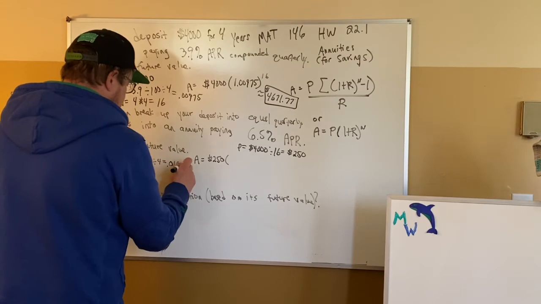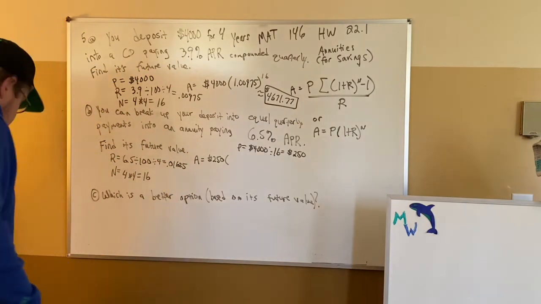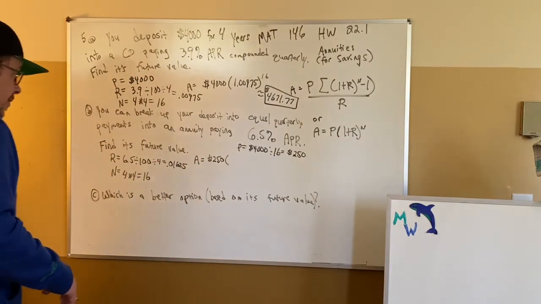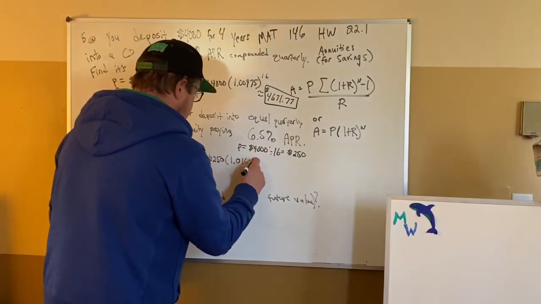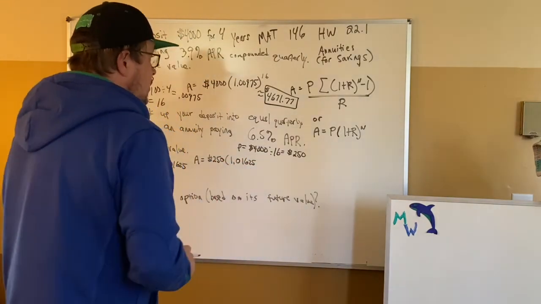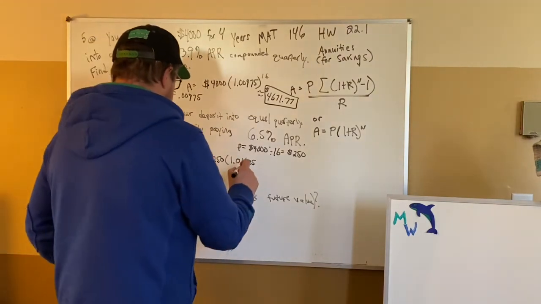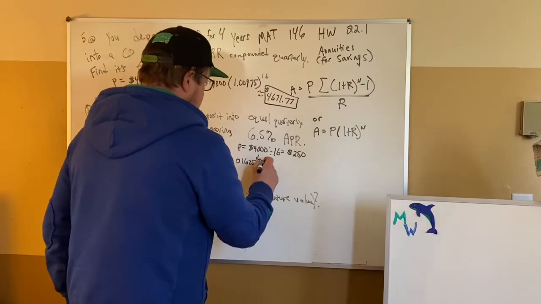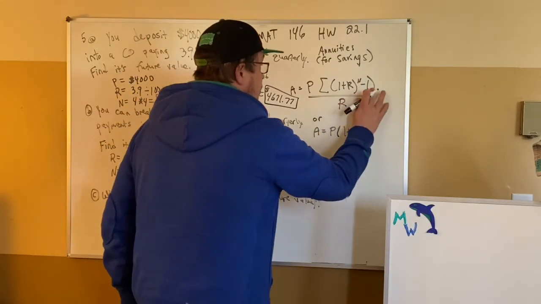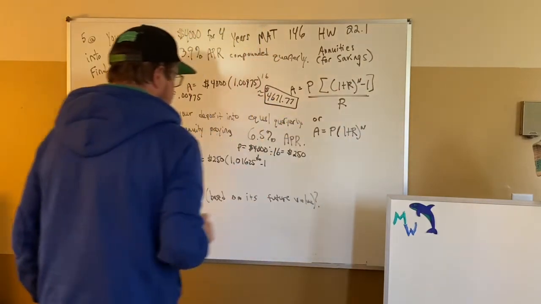And because that terminates before I run out of digits on my calculator, I can enter that right behind the 1. 1 plus that will get me 1.01625. I'm going to raise that to the power of 16, and then I'm going to subtract 1. Should be a square bracket, that's fine. Okay.